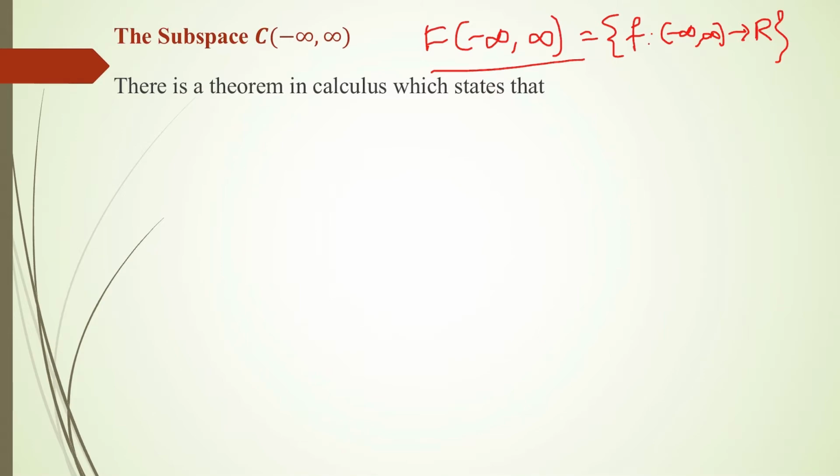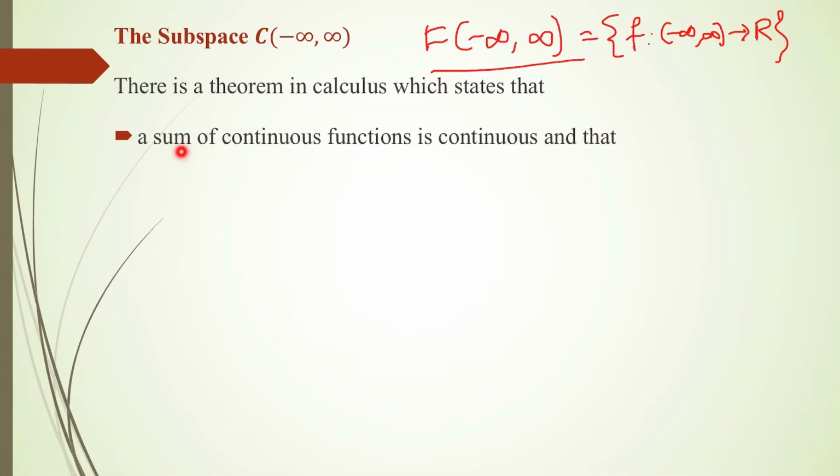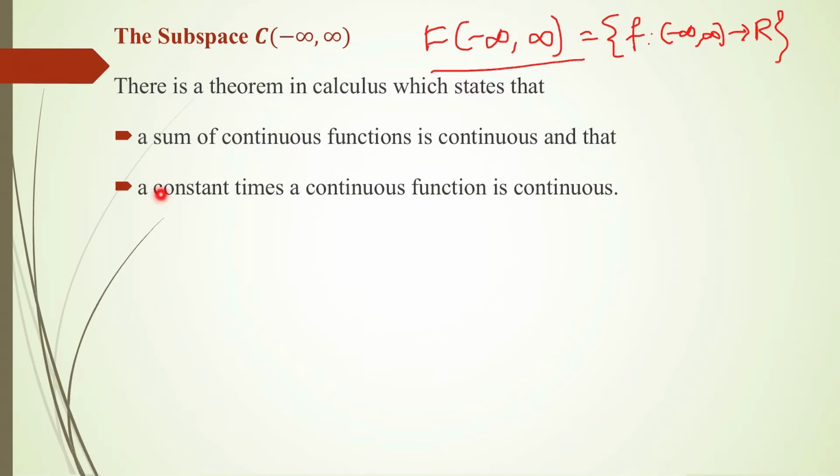We know that the sum of two continuous functions is continuous, and a constant times a continuous function is continuous. Suppose f and g are two continuous functions, then f plus g is a continuous function. If you multiply a continuous function f with a constant c, then cf is also a continuous function.